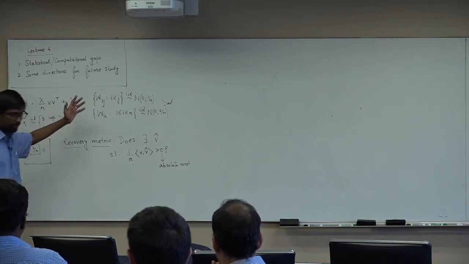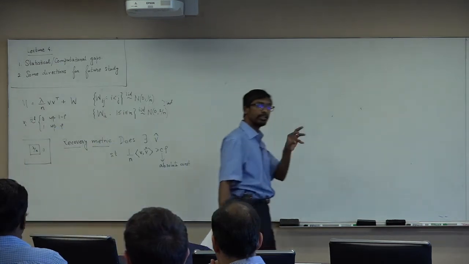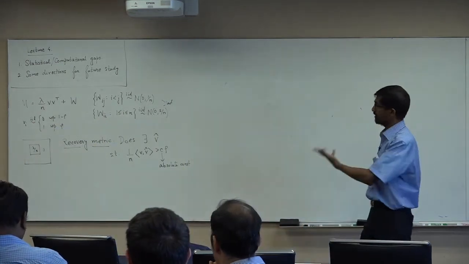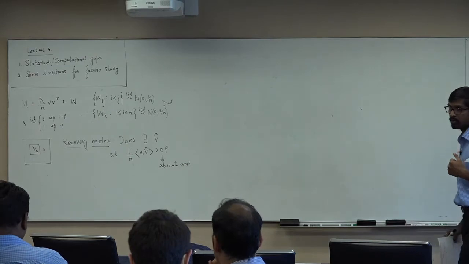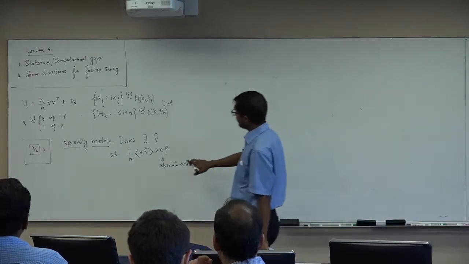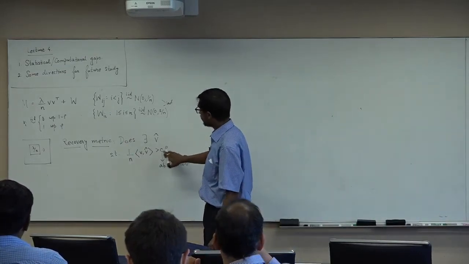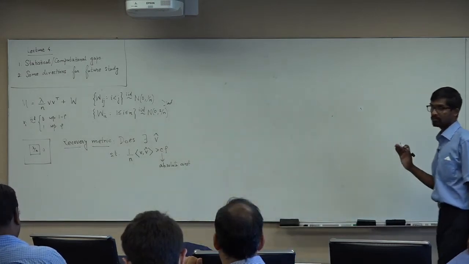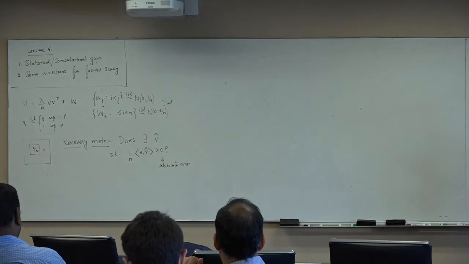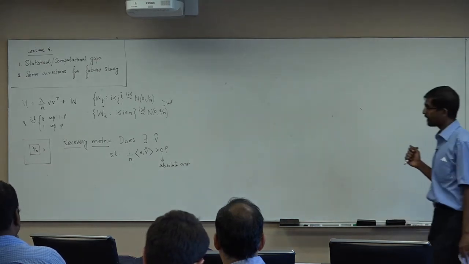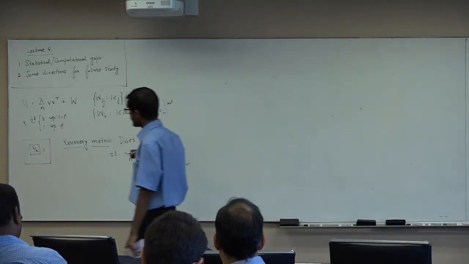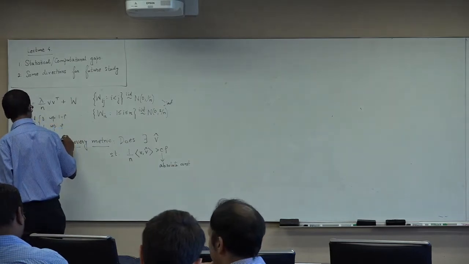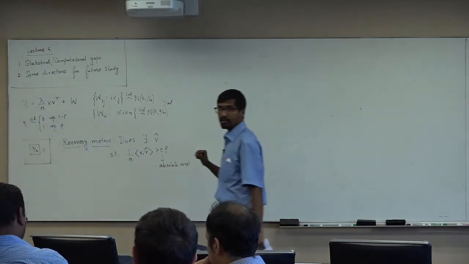You have some large matrix and a very tiny submatrix hidden, and you're trying to recover the support. I set the recovery metric up in this form because I'm trying to recover a linear proportion of the support. That's my metric.